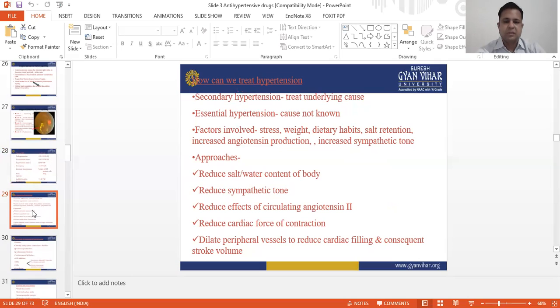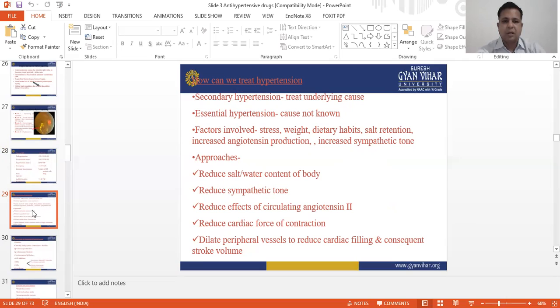Now let's discuss how we can treat hypertension. Secondary hypertension is treated by treating the underlying causes. Essential hypertension: causes not known. Factors involved: stress, weight, dietary habits, salt retention, increased angiotensin production, increased sympathetic tone.